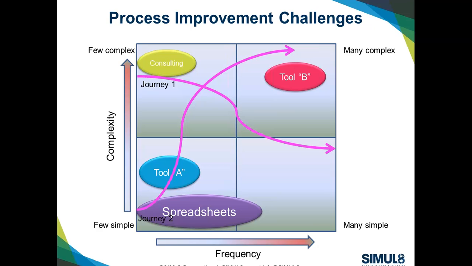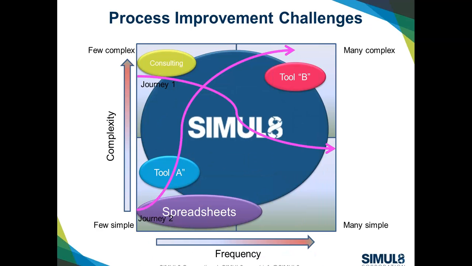Think of tool A and tool B here. It could be any other operations research kind of technologies that help you solve process improvement challenges. It could be linear programming, it could be other optimization tools, and so on. Where I put SIMUL8 in these quadrants is kind of smack dab in the middle.